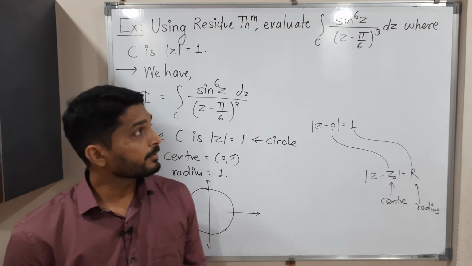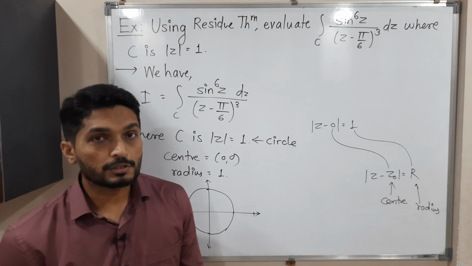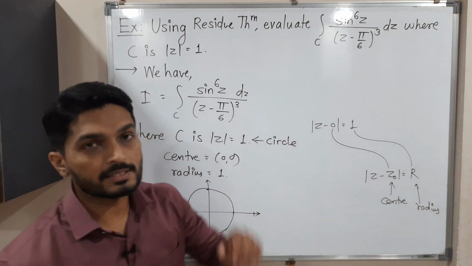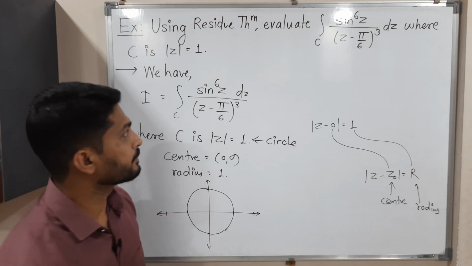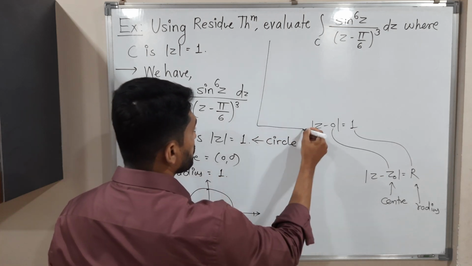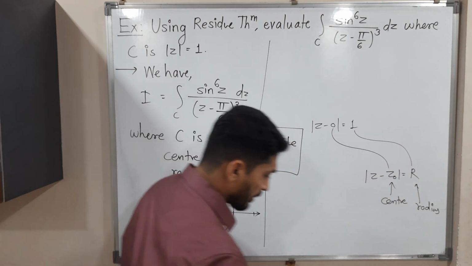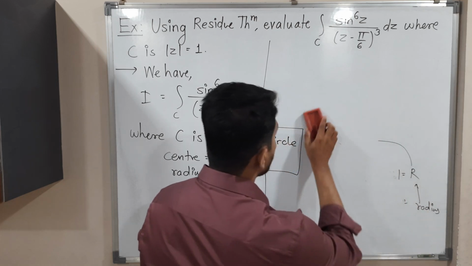Okay, so after that we should consider the given function. That means whatever we have inside this integration, that is our function. We will call it f of z. Okay, just a minute. Let me remove this part, it is not required now.